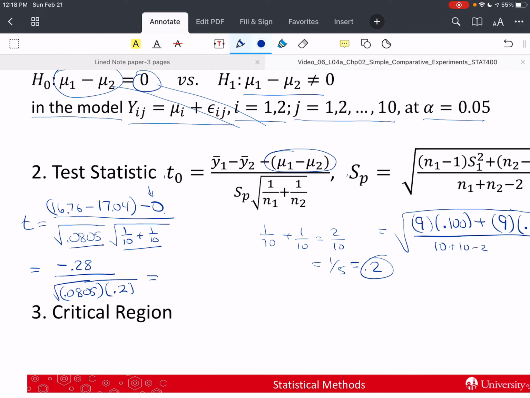And so then I will calculate all of this at once in my calculator to make sure that I get the precise answer. Divided by the square root of 0.0805 times 0.2, close my parenthesis, I get negative 2.20670..., which to 3 decimal places, because that's what my t-table has in it, is negative 2.207.